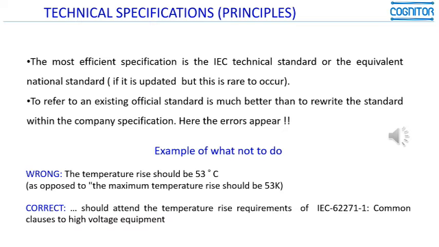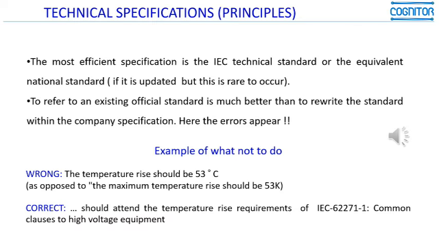In one single sentence, there are 2 errors. The first one is that you cannot state that the temperature rise will be something. You have to state the maximum temperature rise that can appear in that connection or contact. Then the correct sentence: the maximum temperature rise should be 53 Kelvin, because temperature rises are not expressed in Celsius in the IEC standards, although both scales have 100 degrees of difference.